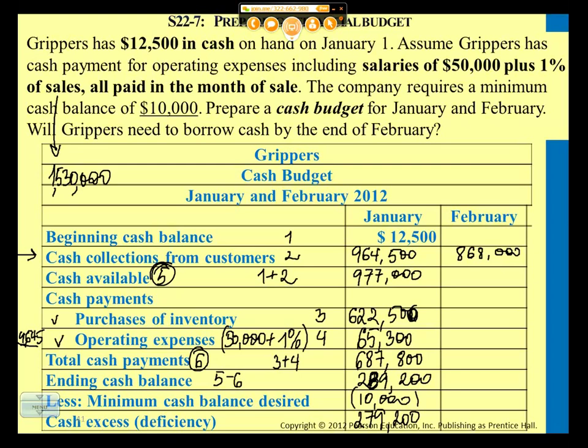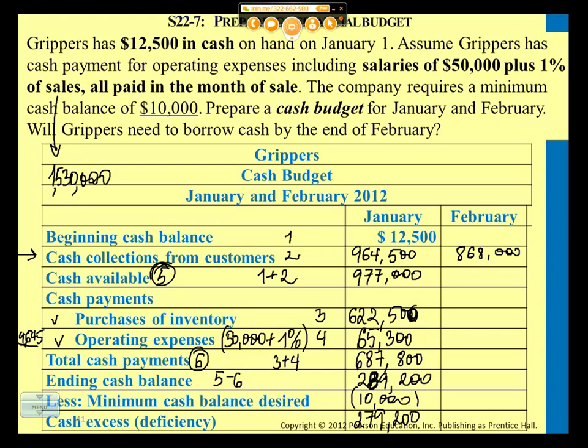Let me look at it. Just a second. It was in the example, 10,000? When you showed us how to do this initially. Oh, that's what you're talking about. Okay, and how come you didn't subtract?